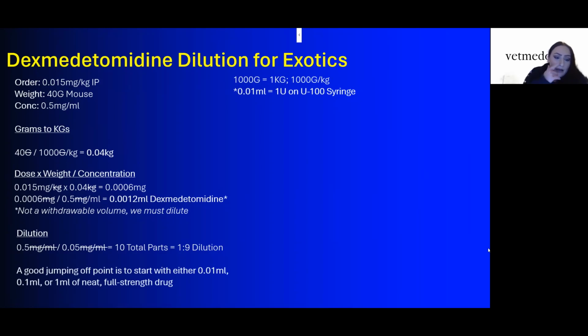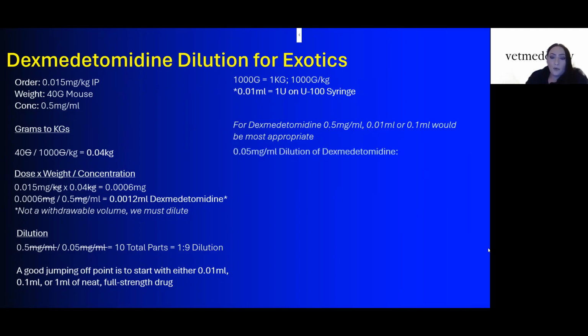A good jumping off point is to start with either 0.01 mils, 0.1 mils, or 1 mil of neat full strength drug. For dexmedetomidine, 0.5 mg per mil, 0.01 mils or 0.1 mils would be most appropriate.